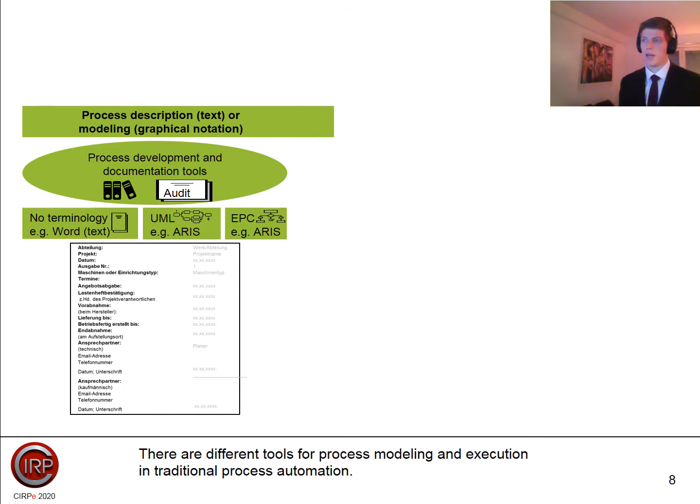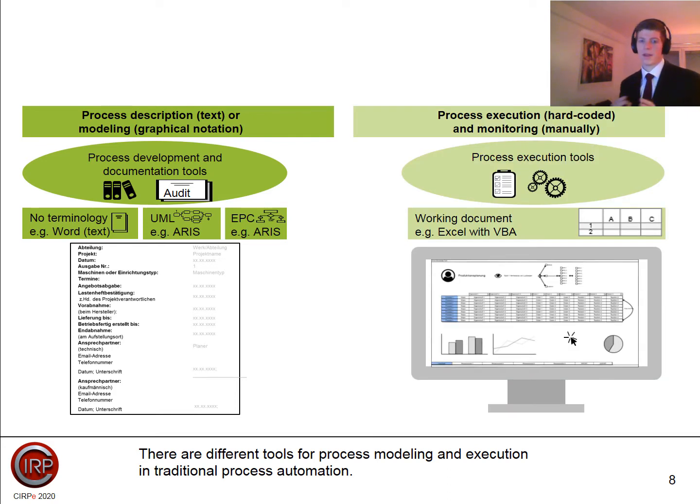So there are UML, ARIS, EPC, different tools just for the reason that you can communicate, that these processes are transparent and that these processes are available. On the other hand side, there are tools like Excel with VBA or other platform tools who make this process runnable. So you can execute these processes, so you can use processes and don't have a person to think about these processes before you can get them running.